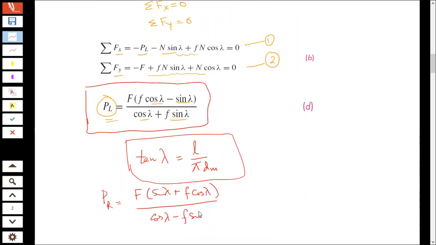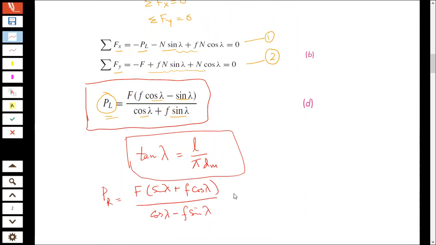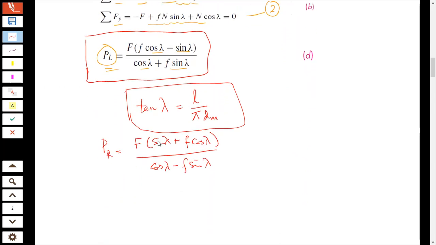Let's divide and multiply the right-hand side through by cos of lambda, so it won't make any difference.